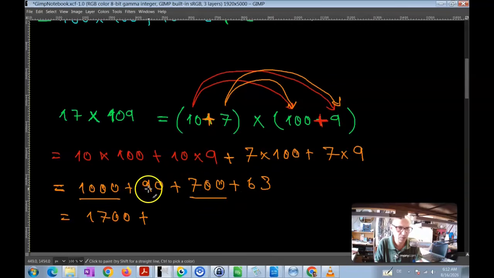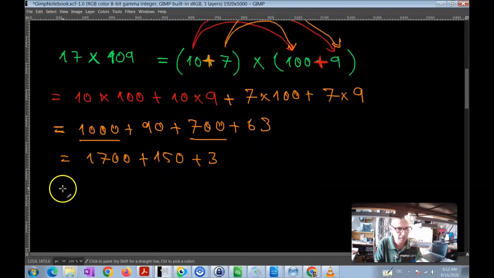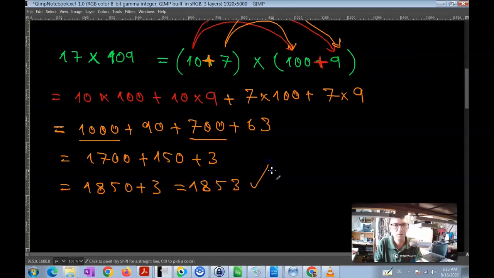That would be the same thing as a 90 plus a 60 plus a 3. A 90 plus a 60 is equal to 150. And then we have a 3 remaining. So a 1700 plus 150, that's 1850, plus a 3, which is the same thing as 1853. So that's your number over here.